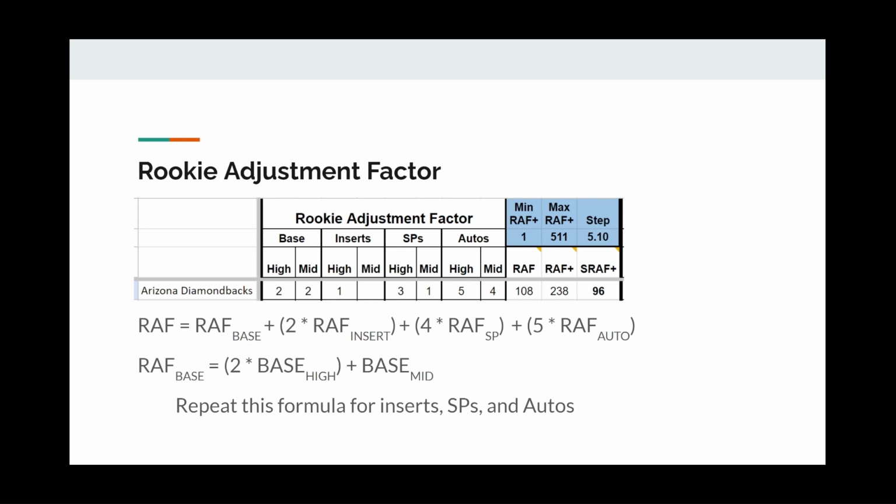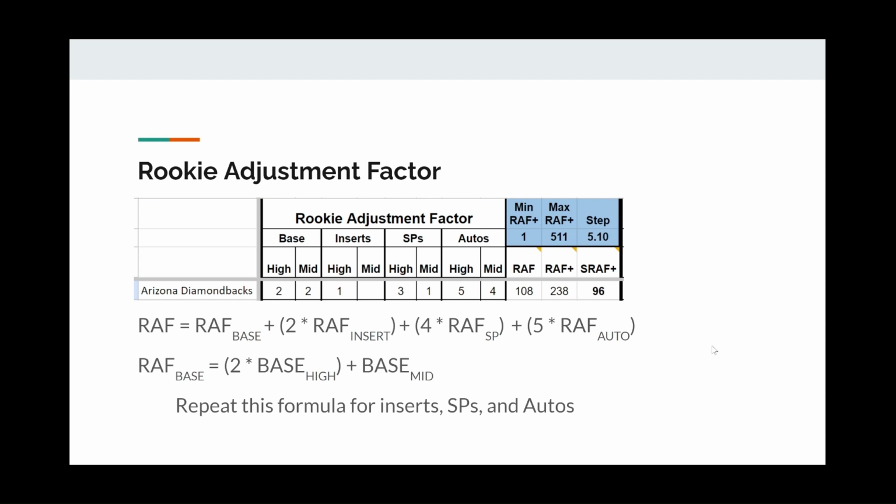So the way that this is done is I go through the checklist and I look at the rookies for each team, and then I sort them into high value rookies, mid value rookies, and low value rookies. Low value rookies we ignore, but we count the high value rookies and the mid value rookies for the base sets, the insert sets, the short print sets, and the auto sets, and total them up.